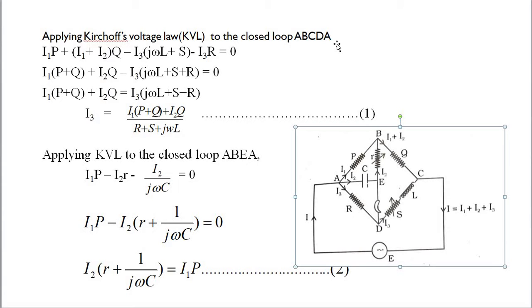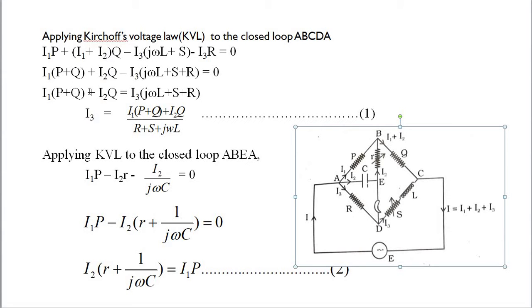When we multiply by minus 1, you will get this equation as I1P plus I1 plus I2 into Q minus I3 into j omega L plus S minus I3R is equal to 0. We already discussed j omega L while discussing the AC circuit. Here we are using the phasor notation.